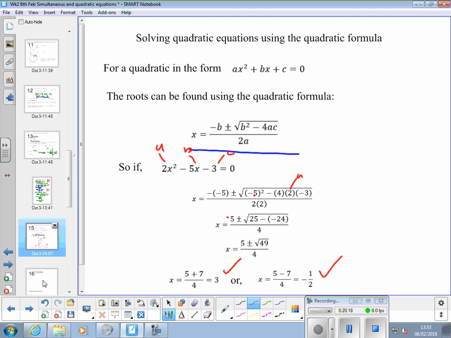And that's one of the ones we did earlier, wasn't it? We had 3 and minus 1. We end up with one solution.